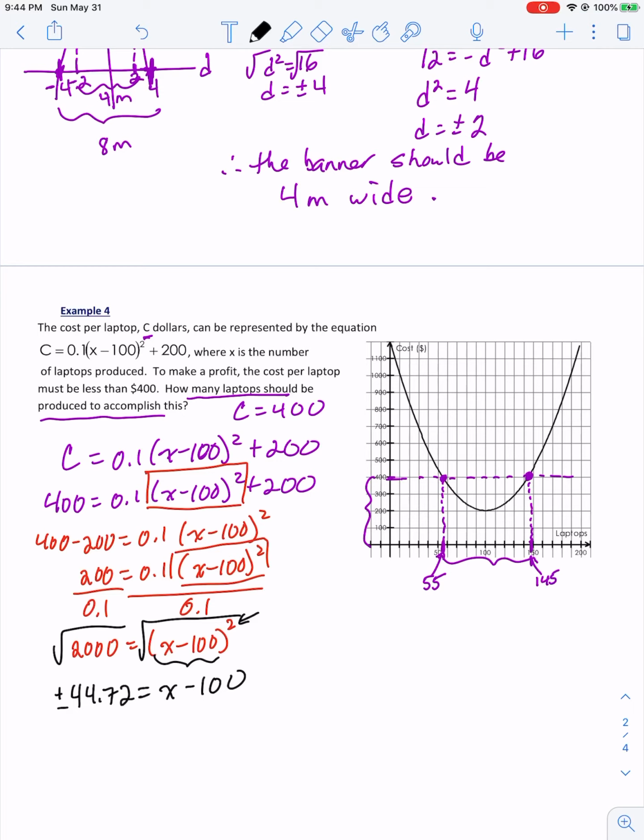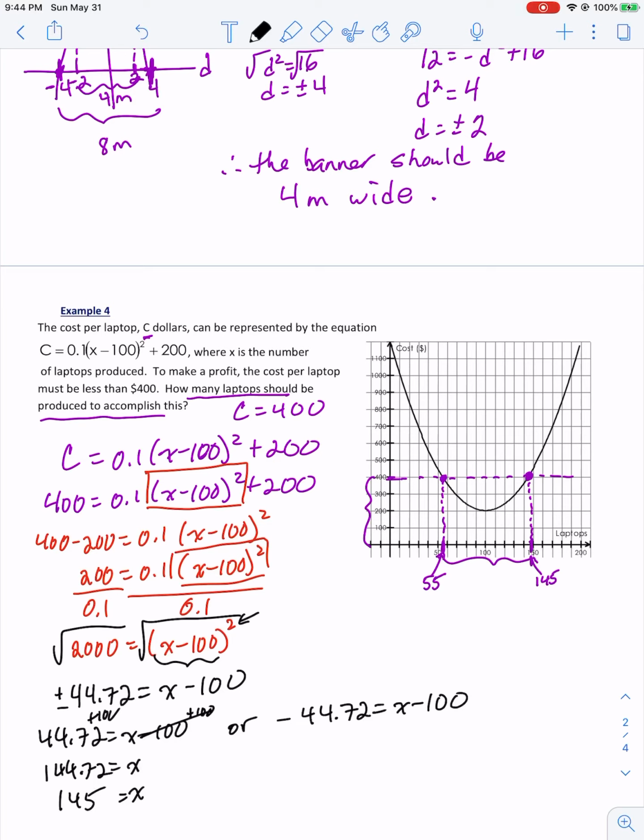So we get two answers here. 44.72 equals x minus 100, or negative 44.72 equals x minus 100. Add 100 to both sides to get rid of that. So that's 144.72, which rounds to about 145, which is exactly what we thought on the graph.